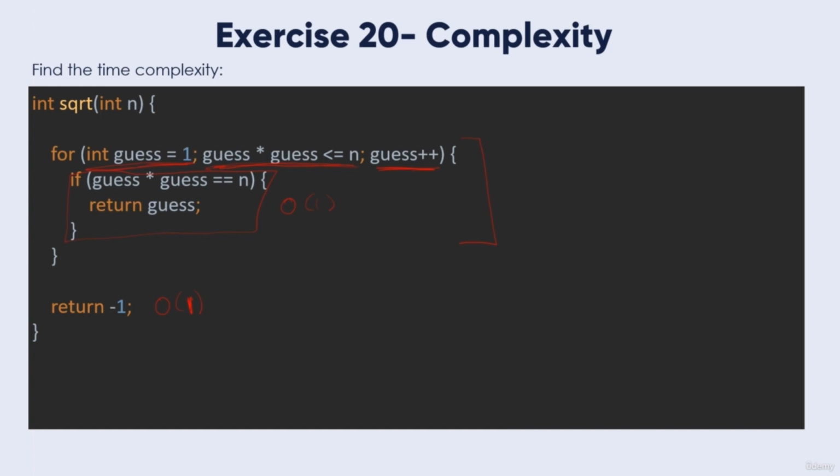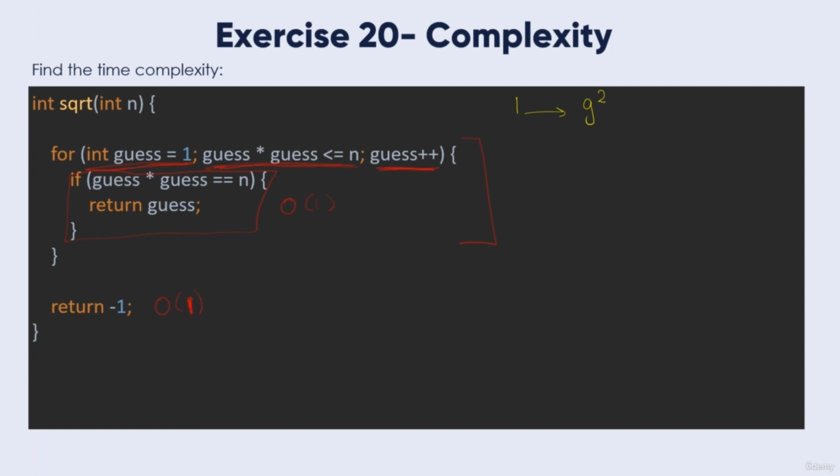Let me take an example here in order to better understand and then calculate the complexity. Guess will start from 1 till guess square is less than or equal to n, and it is plus plus.